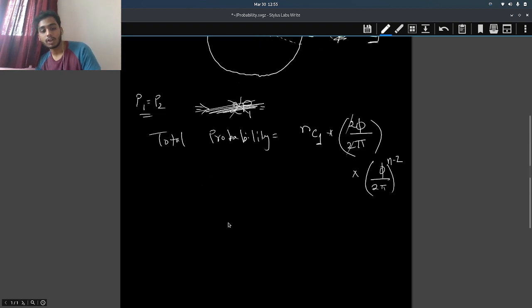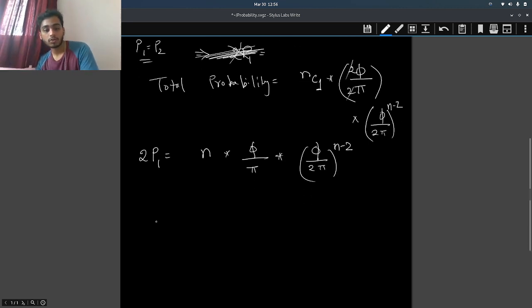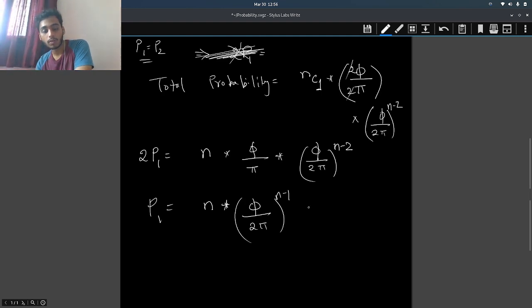So basically the total probability, which is 2P1, is n into phi by pi into phi by 2 pi to the power n minus 2. So what is P1? P1 is n into phi by 2 pi to the power n minus 1. So this is the answer.